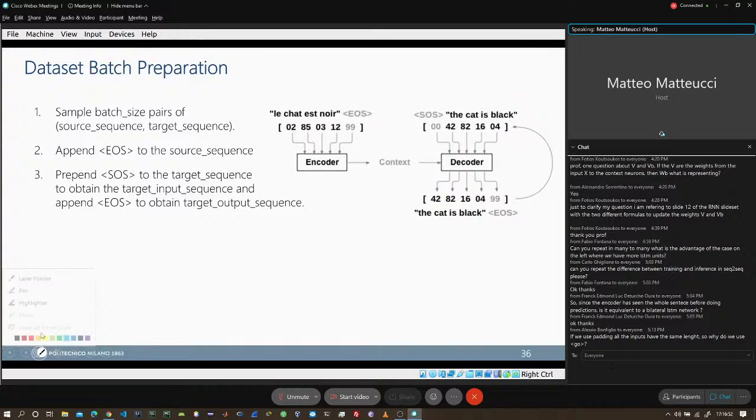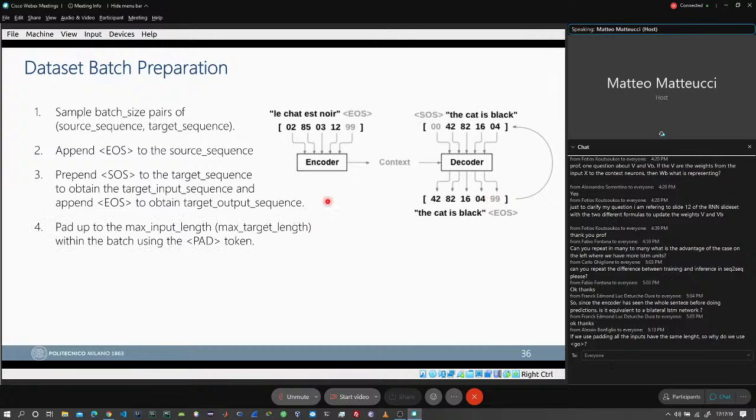So you append here at the end of the sequence, you start here with the sequence, and then you put here the target sequence after the start of sequence for the input, and the target sequence followed by the end of sequence to the output. Then you might want to pad for the right length.